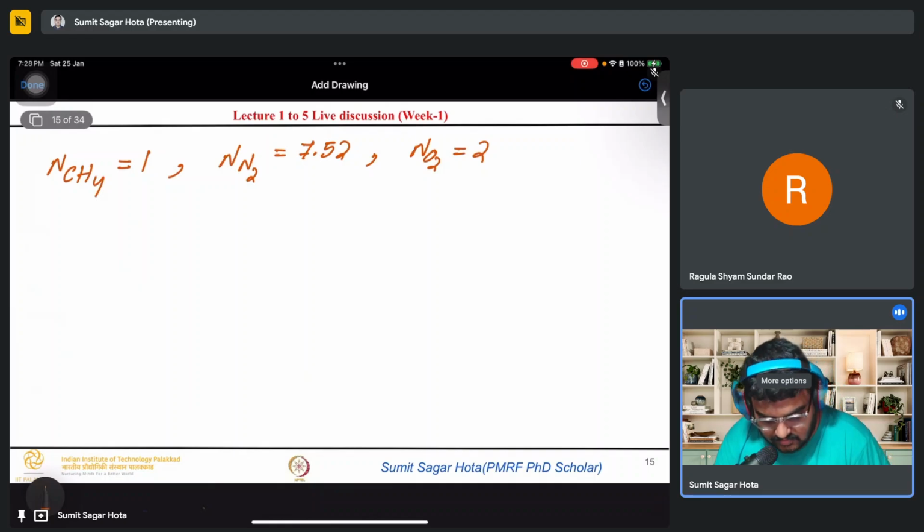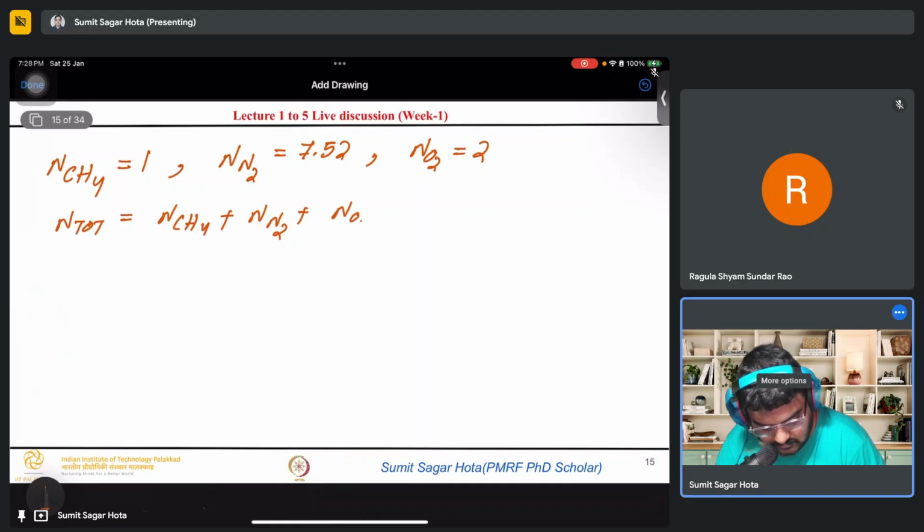The total number of moles is N of CH4 plus N of N2 plus N of O2.